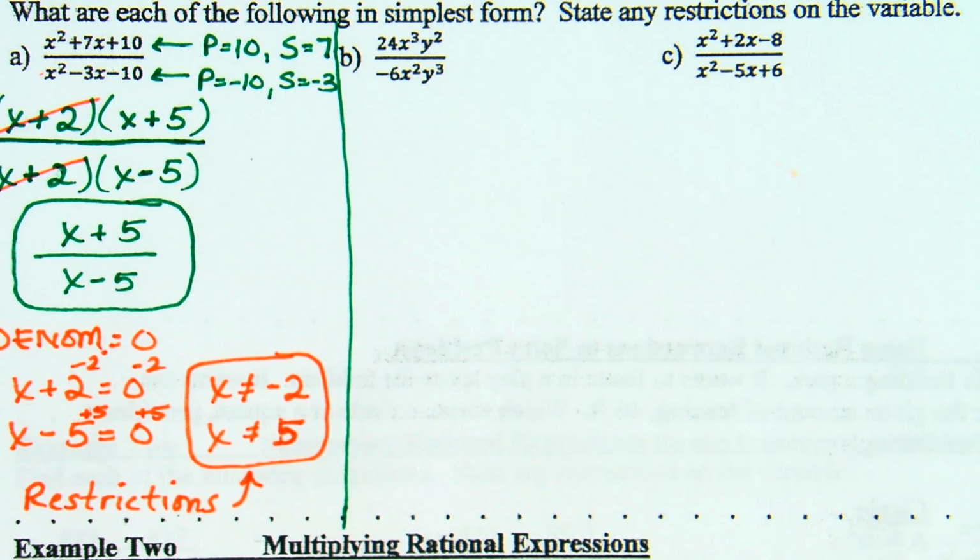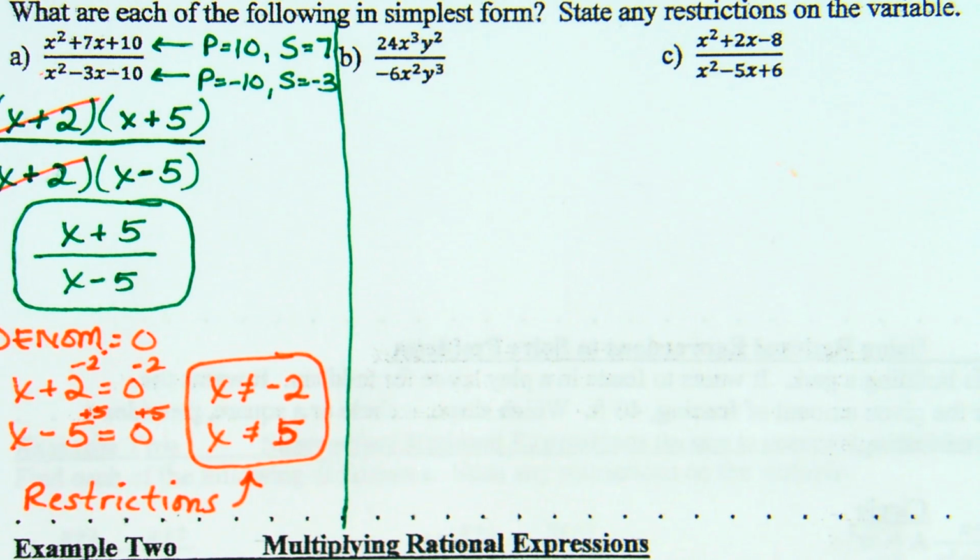Are there pieces you see that could cancel? Are there any numbers in common? 24 and 6 could both divide by what?